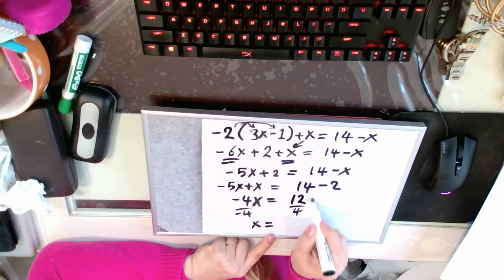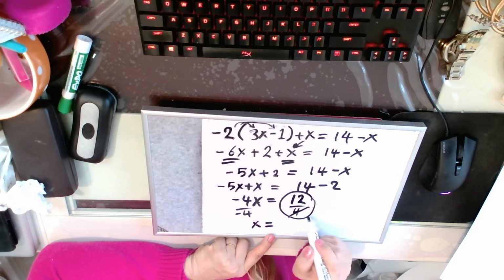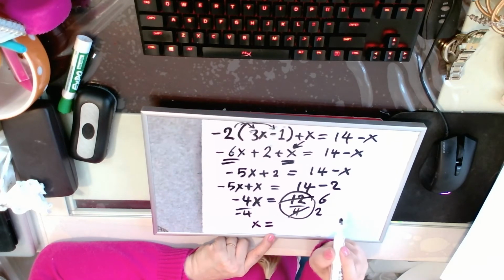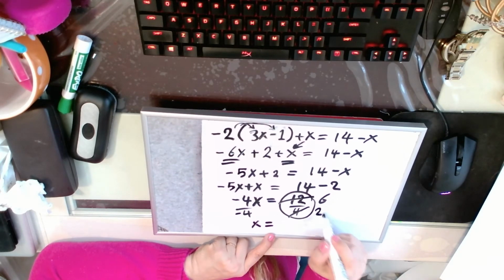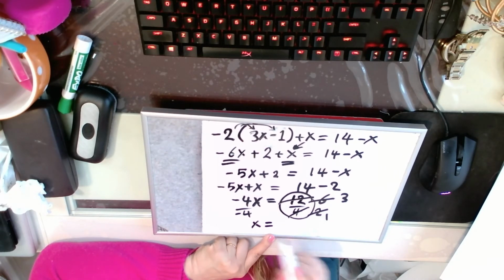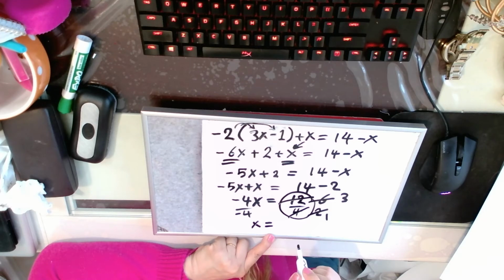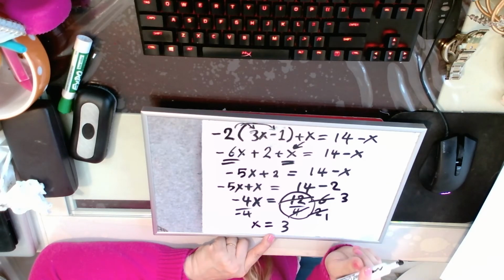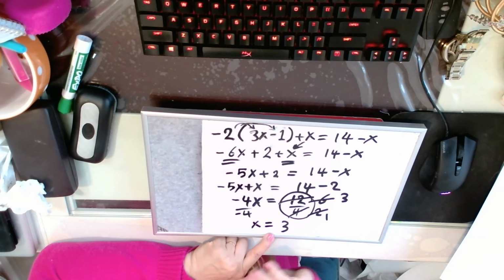X equals, you can simplify this term by dividing by 2, and then you can divide it by 2 by 2, and here we have x equals 3. That's it.